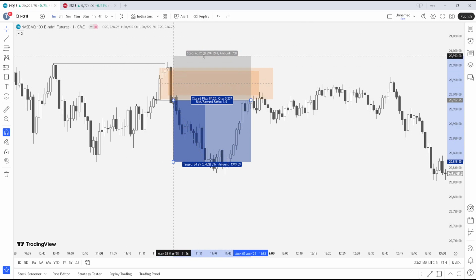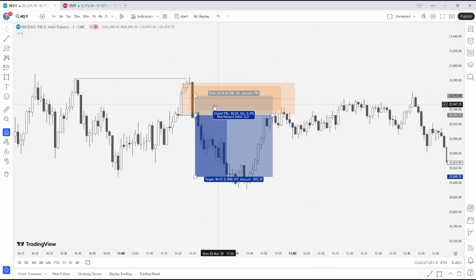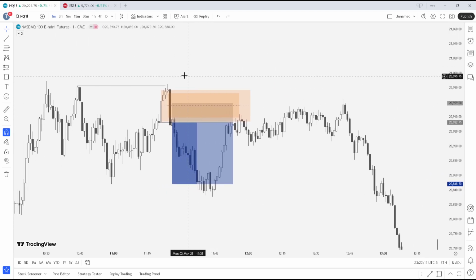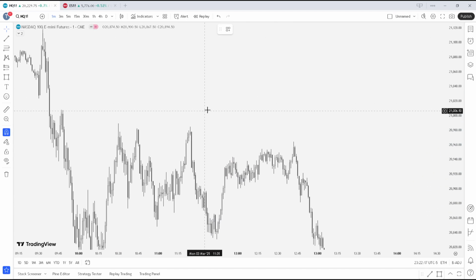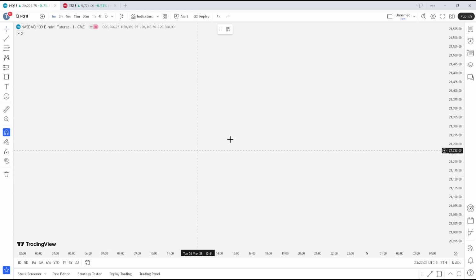Because if you had your stop above the high, the RR is basically just half of this, right? So if you guys have not, I would definitely recommend watching my other guides on the other PD arrays and also liquidity that I've uploaded.